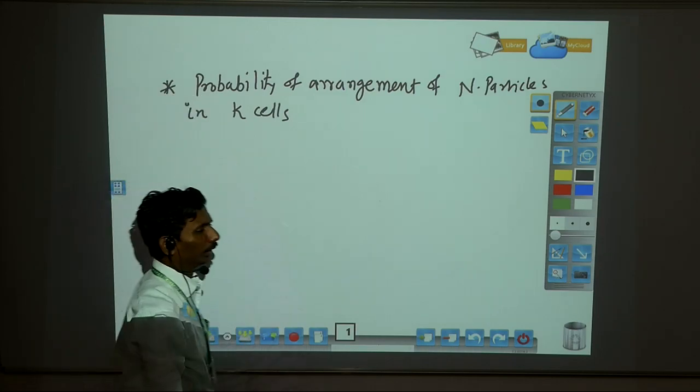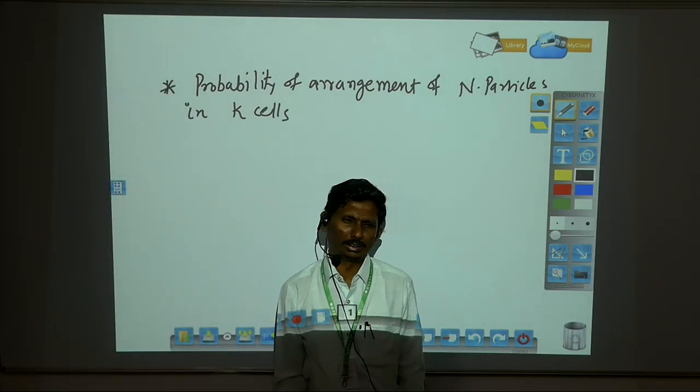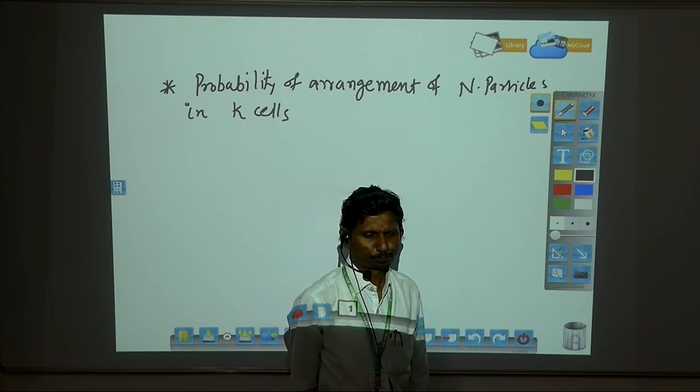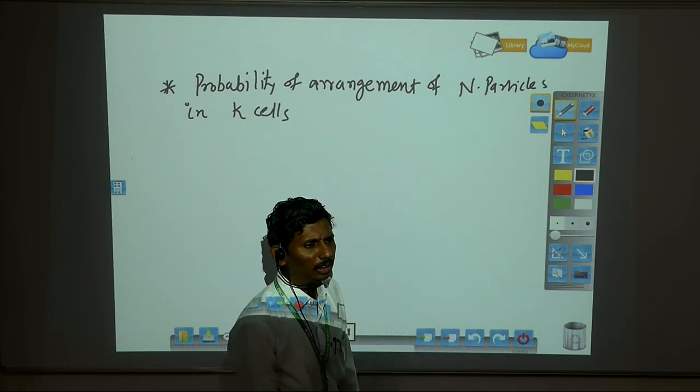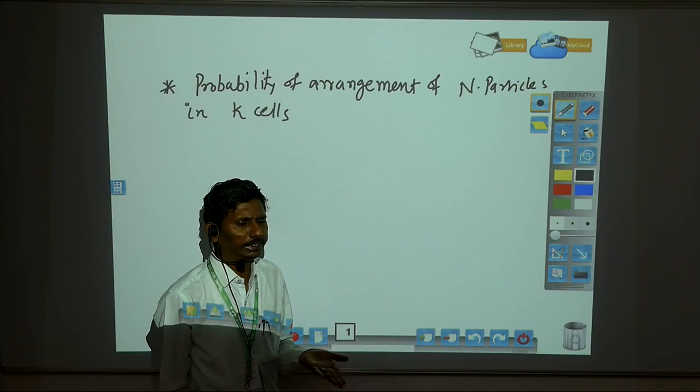This is one of the important derivations before the Maxwell-Boltzmann statistics. In unit number 4 we want to discuss how this number of particles can be arranged in K cells.